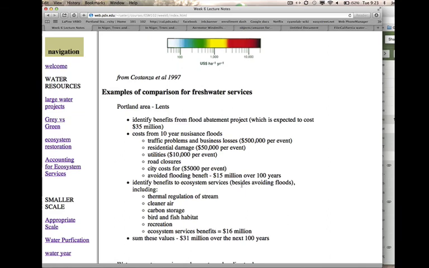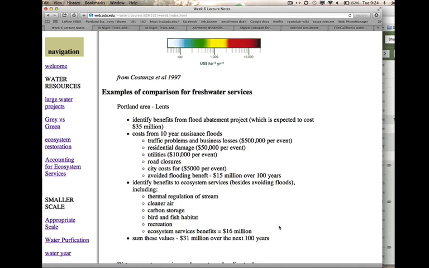Then the other thing is, what are the ecosystem services? So you say, well, here's thermal regulation of the stream, cleaner air, carbon storage, just like in the example above of Costanza's work. Bird and fish habitat, recreation, ecosystem services, all of those add up to be $16 million. So if you put these two together, you get $31 million, the 16 plus the 15. It's pretty close to the 35.